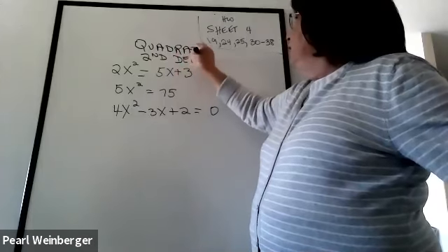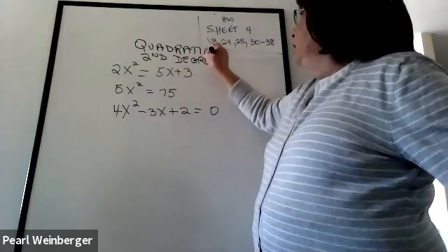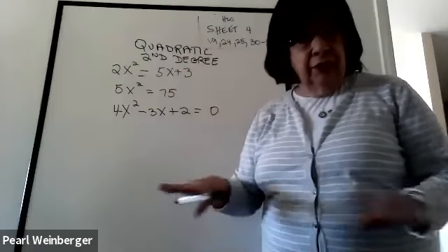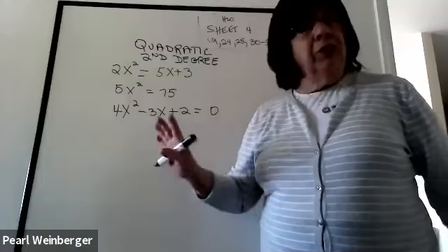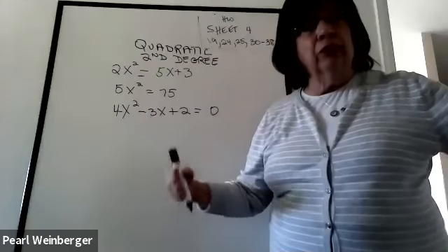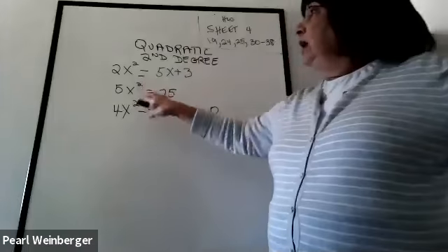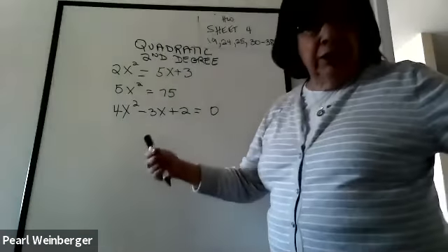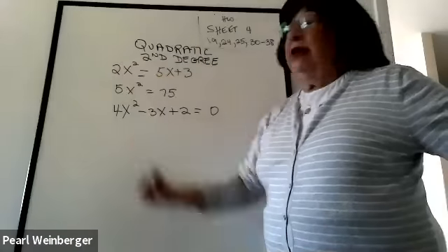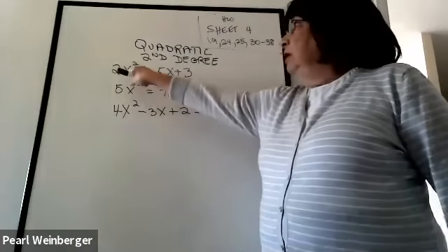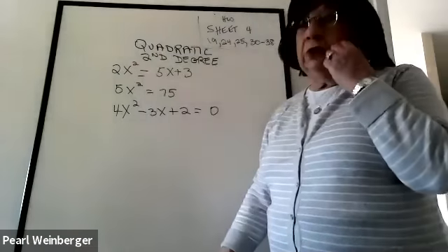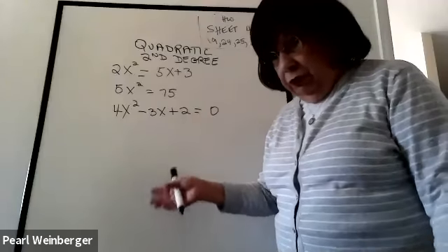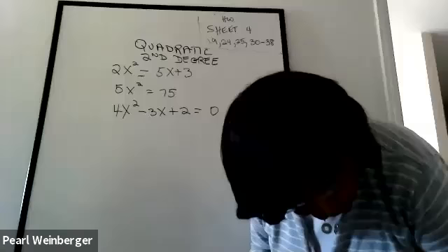The type of equations that we started out the term with were called linear or first degree because there were no exponents. And we reviewed how to solve them. We are now going to go to the next stage, which is how do we solve an equation that has a variable that's at an exponent of 2. And even what if it had an exponent of 3 or 4? How do we solve those?